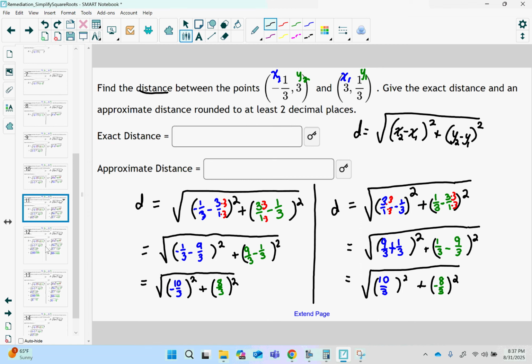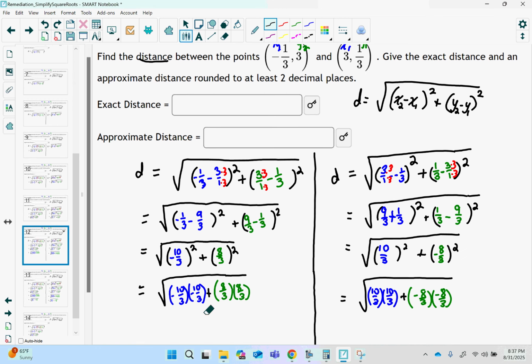So when we go to the next step of simplifying the squares, the power of 2 on each of these, what's going to happen? Well, I rewrote it in expanded form just so that we could visually see what's happening.